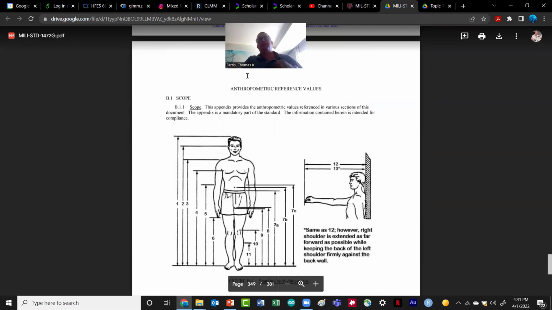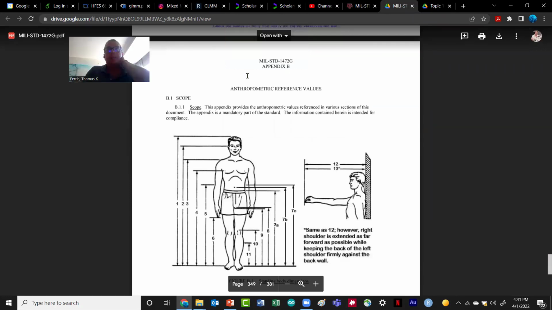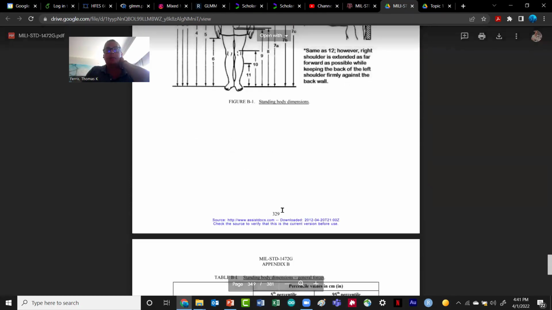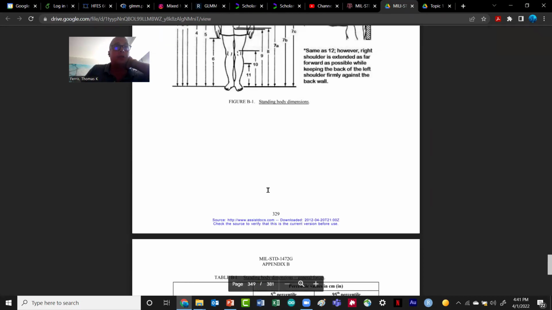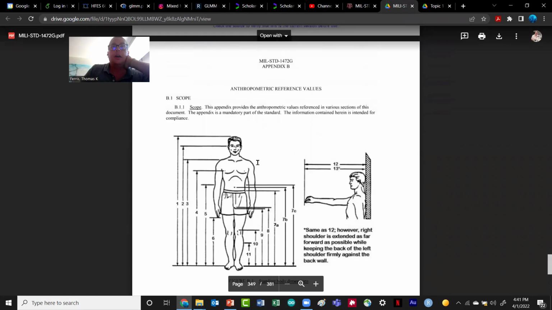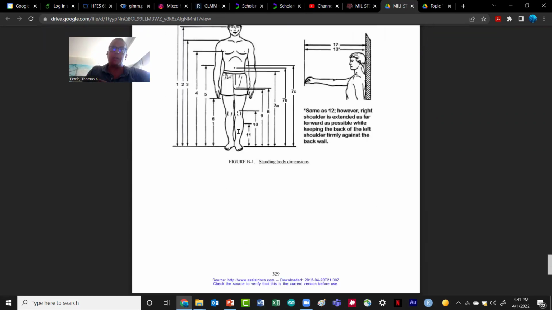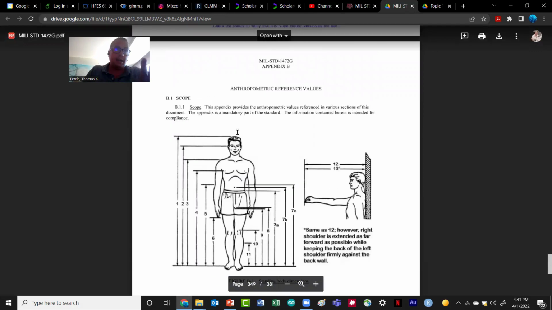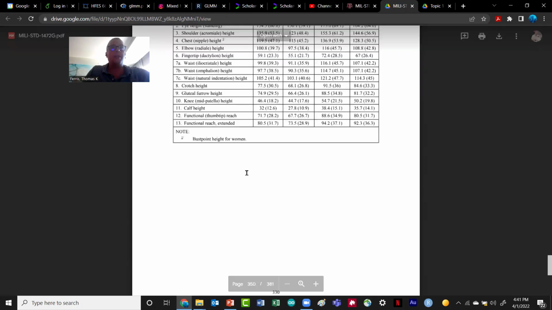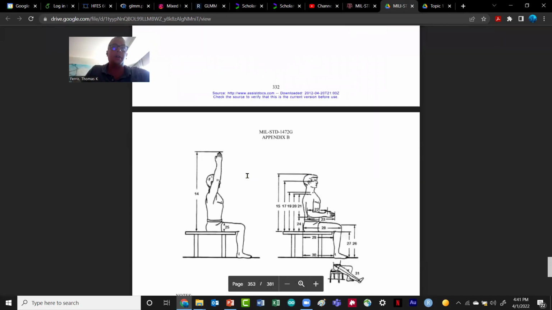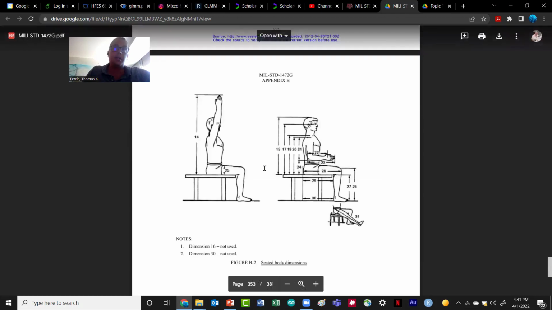So here's where it starts. Appendix B, PDF page 329, actual page 349. Look at each of these dimensions and realize we've got, again, several of these. I could look at standing dimensions. Those are going to be slightly different from seated dimensions.